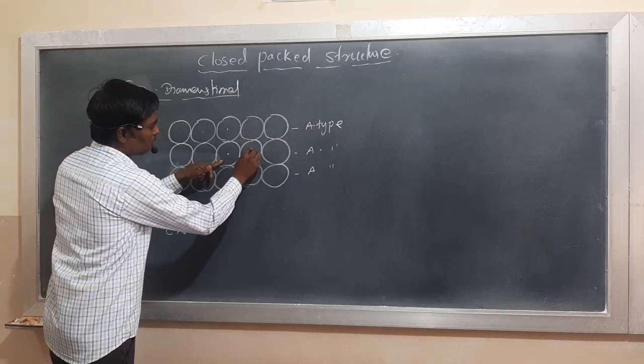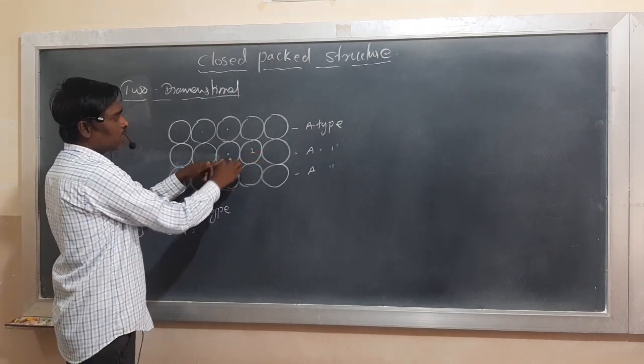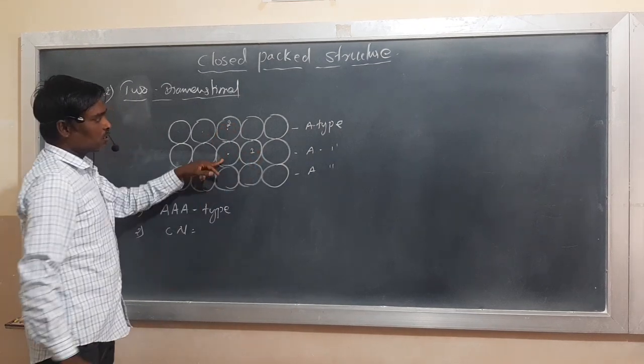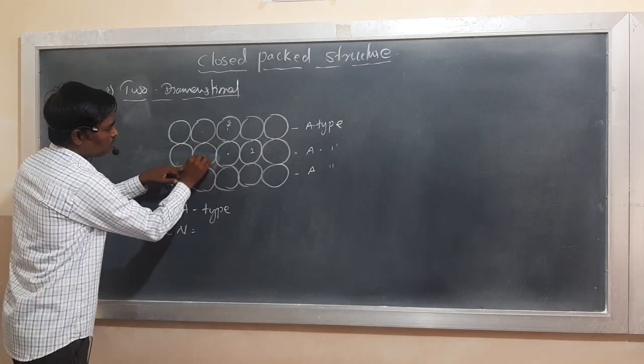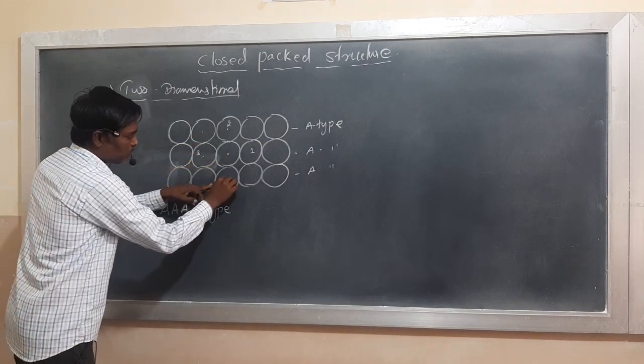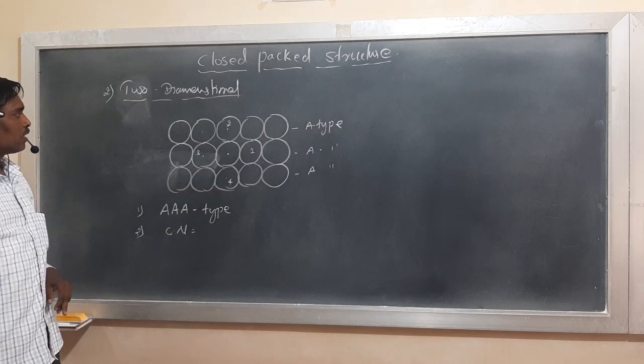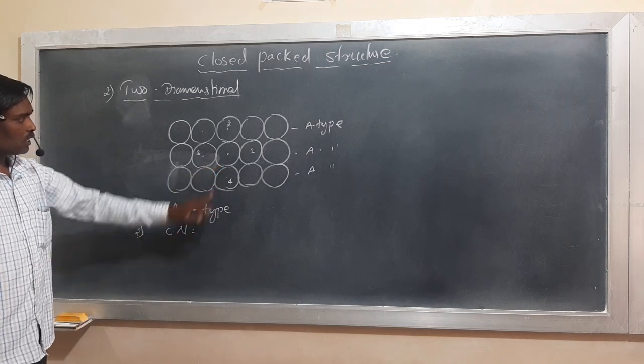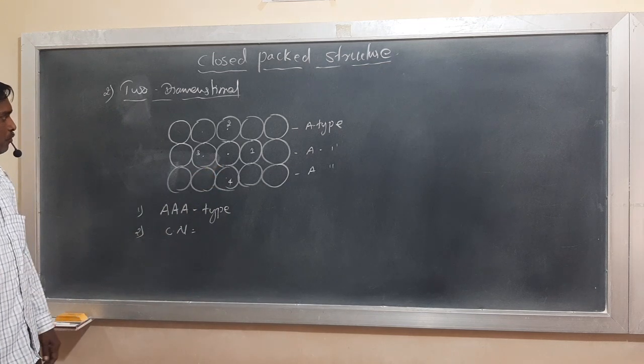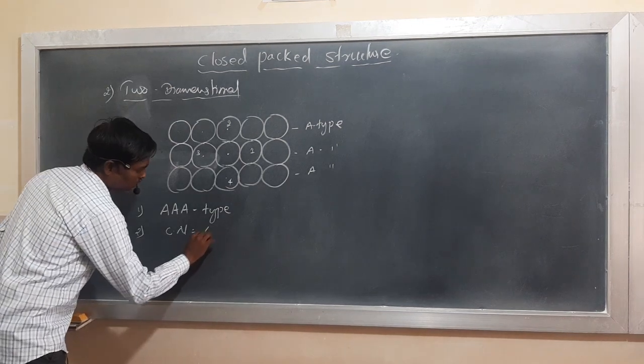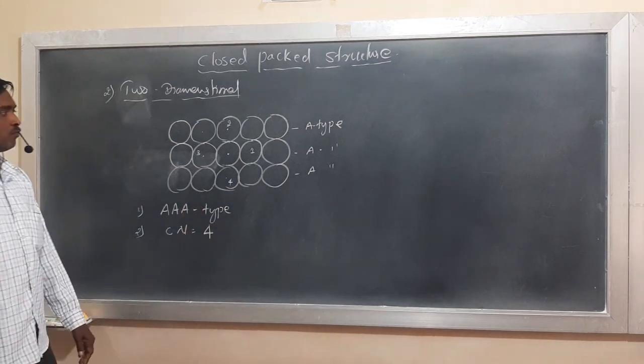Here this is one atom in touch with it, this is the second one, this is the third, and this one is the fourth. So there are 4 atoms in touch with that particular one. Therefore the coordination number in this type of arrangement is 4.